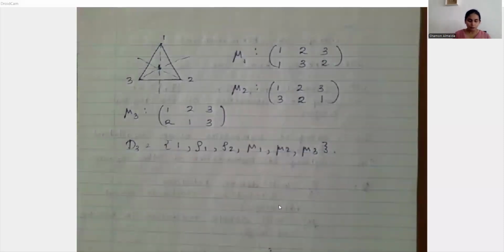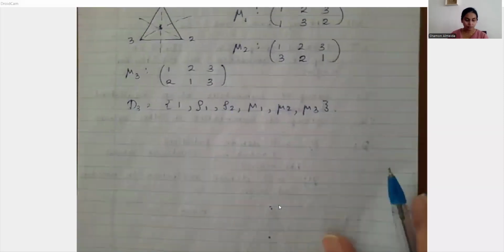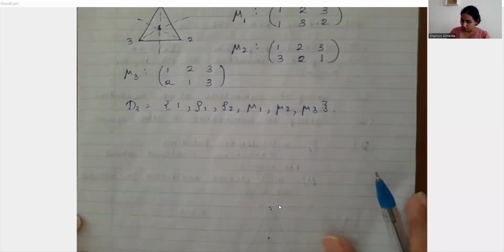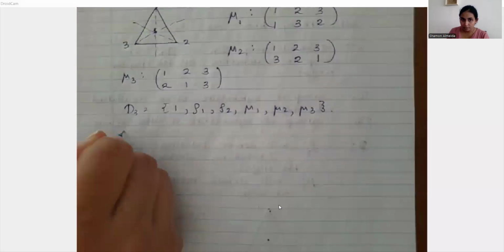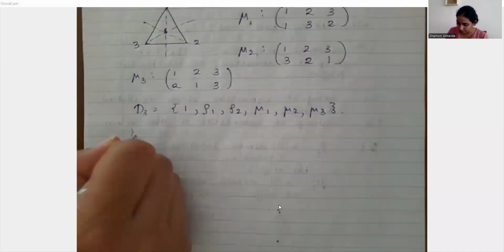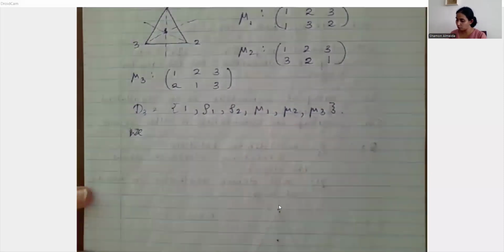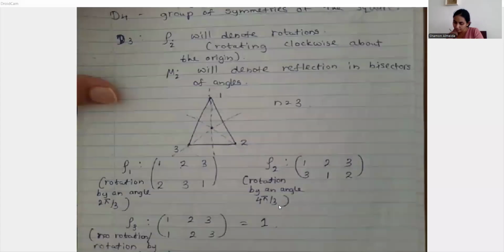Right. Now observe, we already know that the order of rho 1 is 3. Why is that?